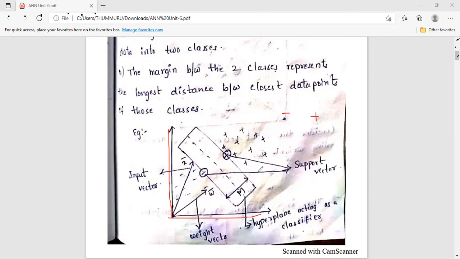These two classes of data can be divided by using a hyperplane. Assume this is the hyperplane. By drawing this single hyperplane, we can separate the data points into two classes, class 1 and class 2, right?